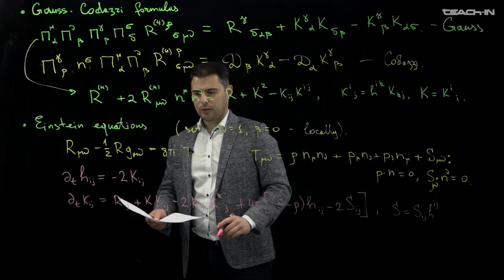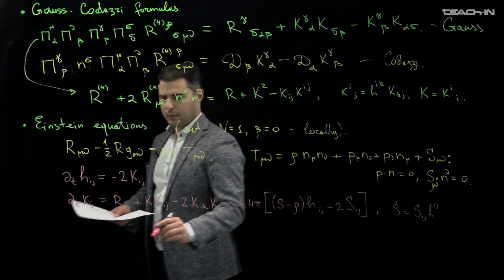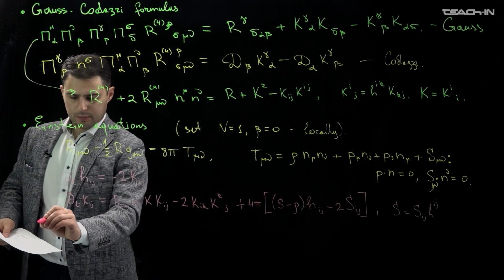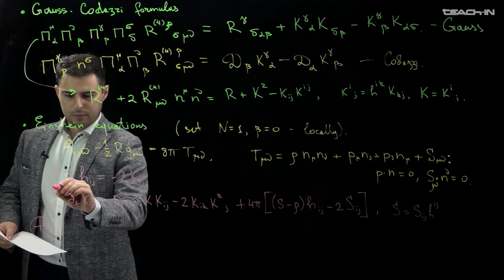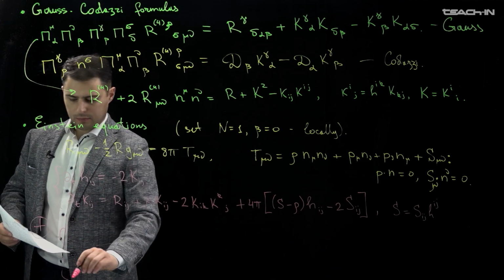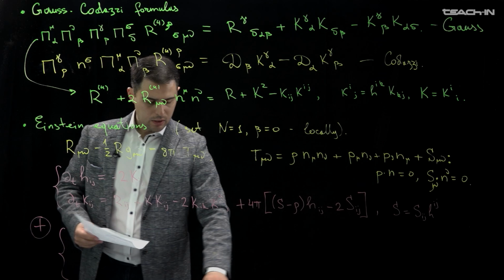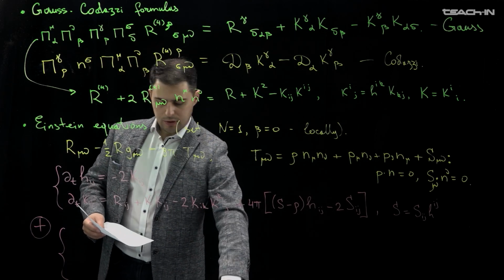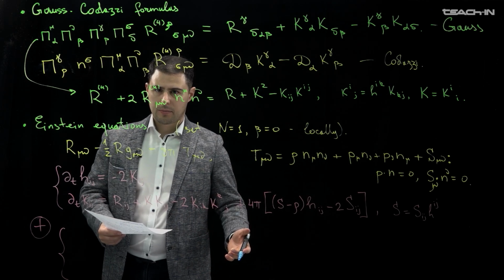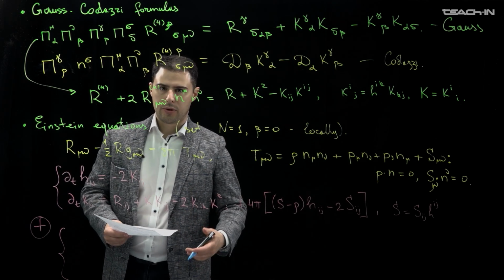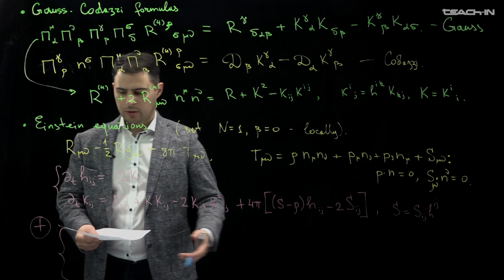Plus two constraints. These constraints are related to the Bianchi identities for the four-dimensional Ricci tensor.